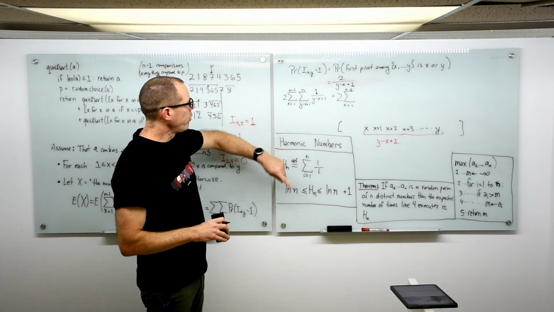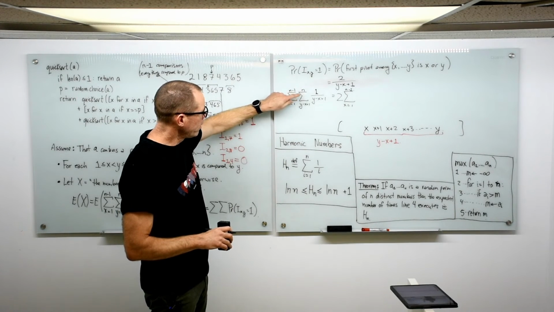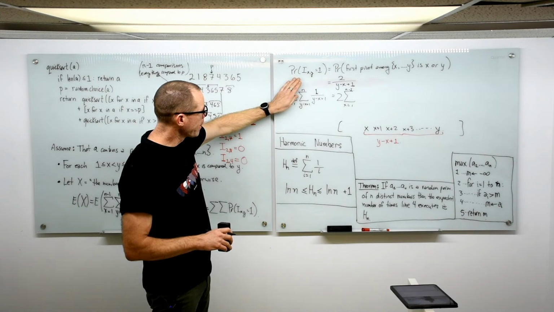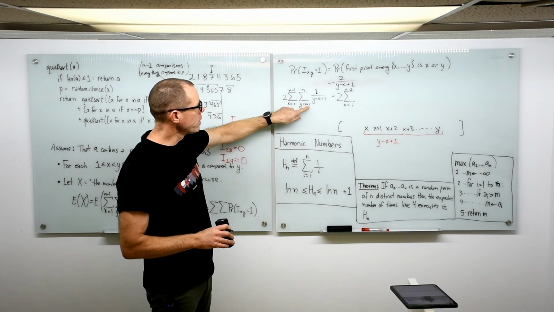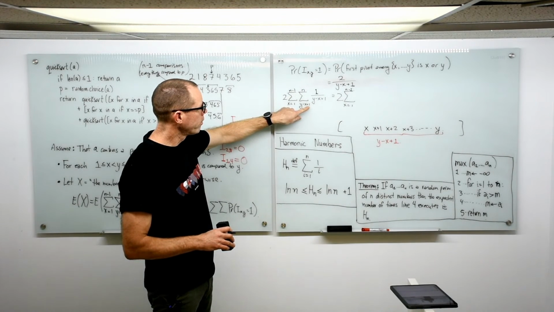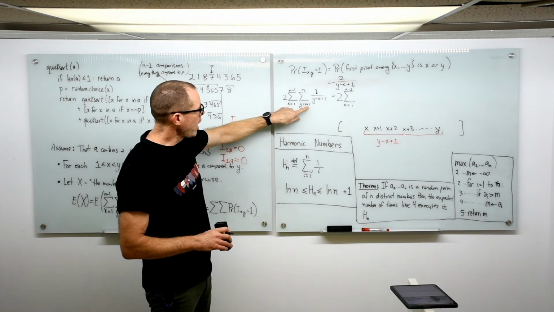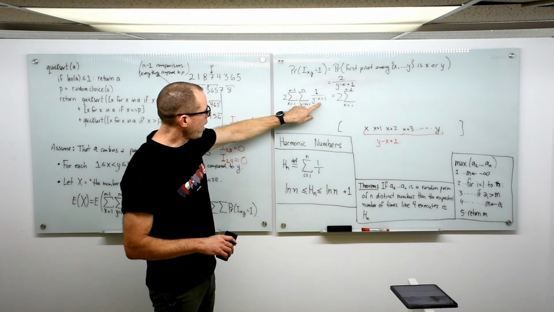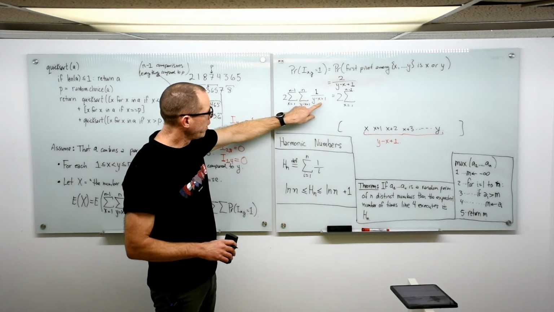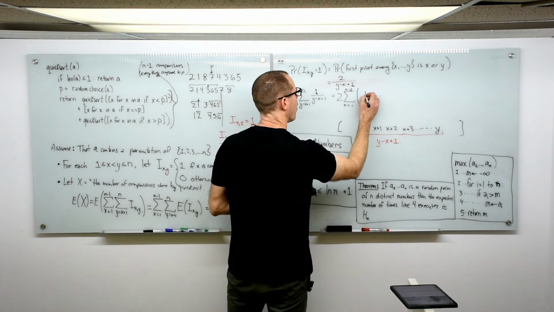So fix some value of x and start looking at this inner sum. The inner sum starts with y equal to x plus 1. So that means y minus x is 1, plus 1 is 2. So the first term in there is going to be a half.